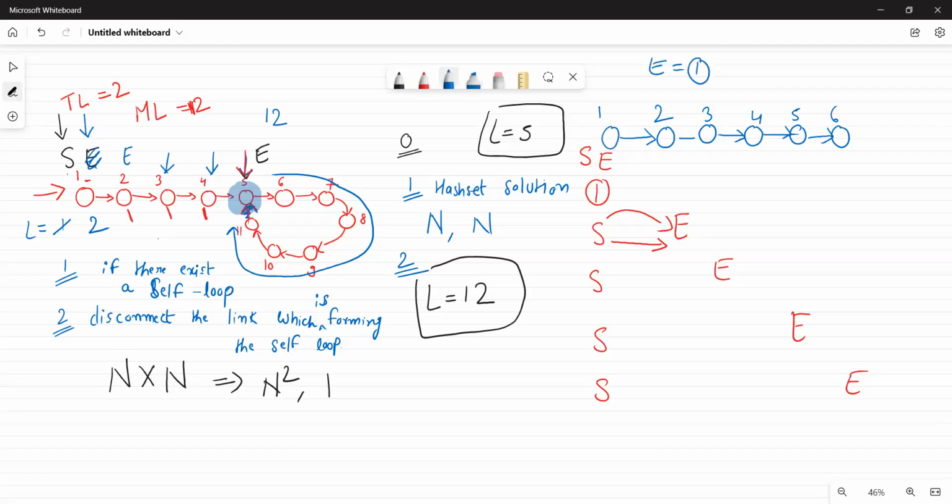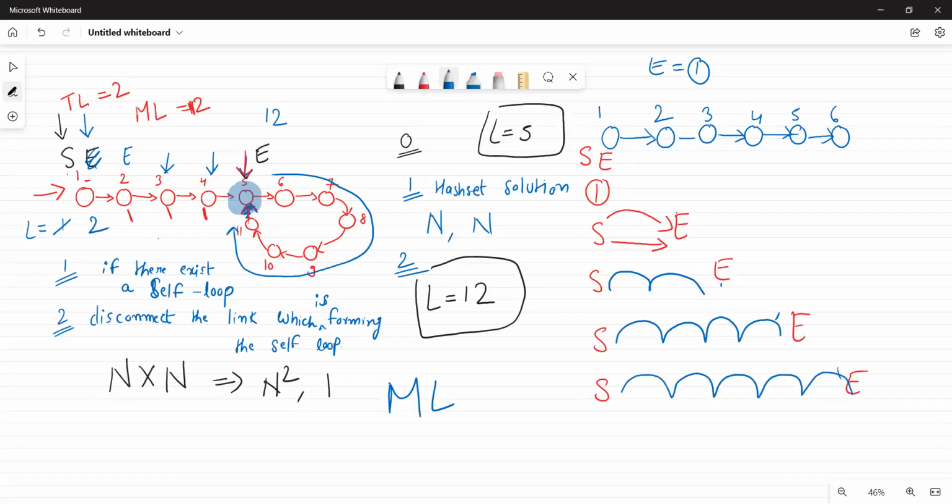So it is moving to 2, then 3, then 4, then 5. This is the main loop. Clear? Yes. Next thing we are doing, every time we are iterating inside also. Clear?